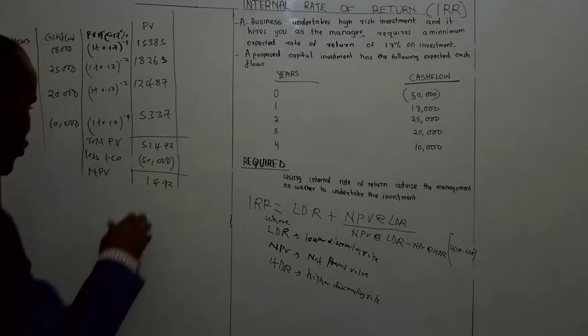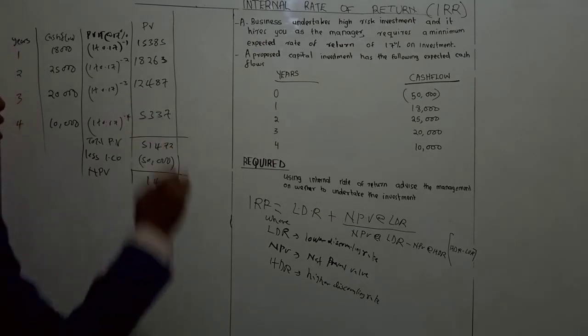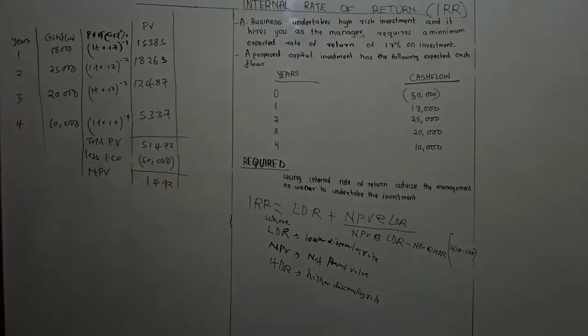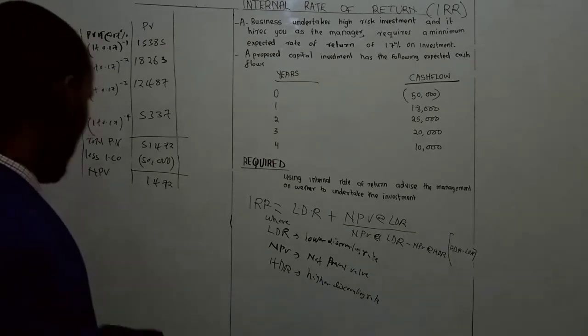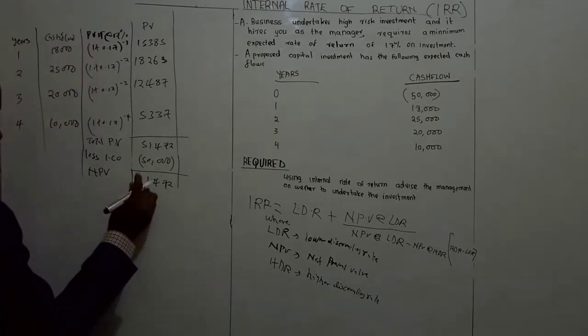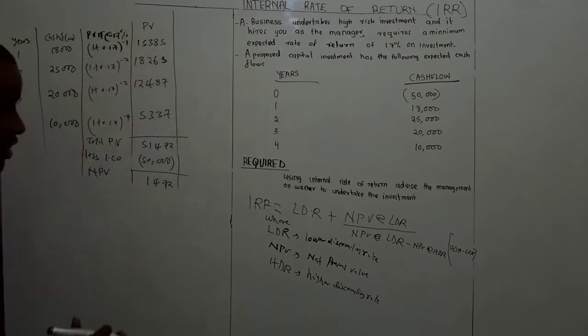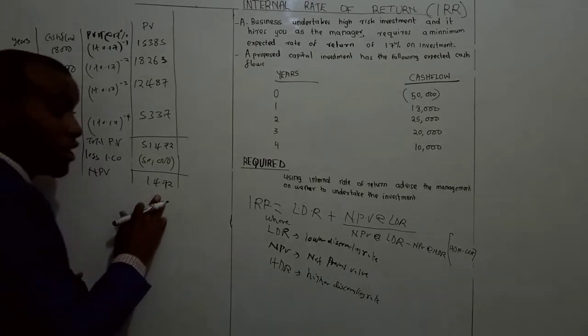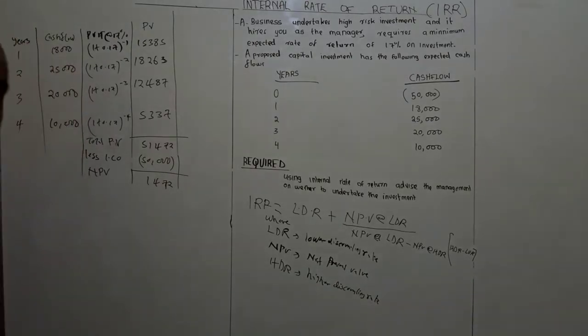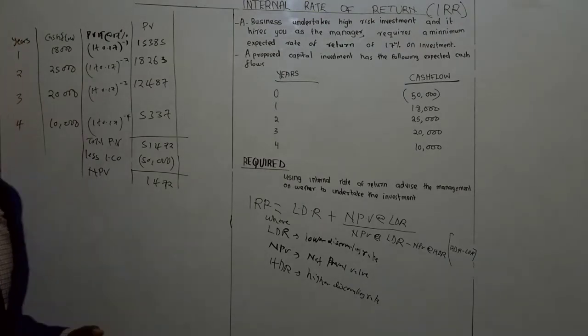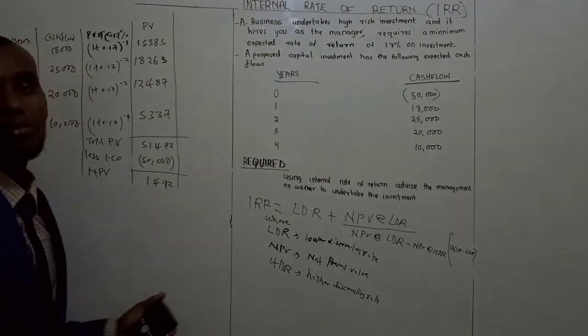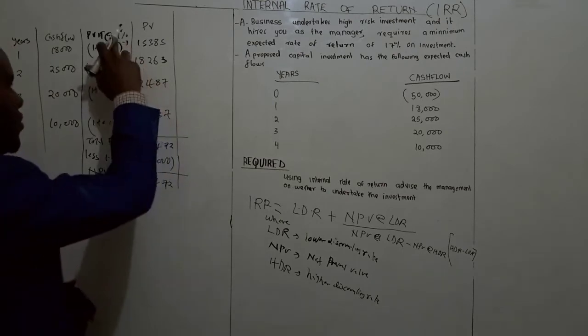Now we need to find out the NPV at a higher discounting rate. Remember, this is a positive NPV using 17%. Now I want to use a different rate that will give us a negative NPV, and that rate must be higher than this.